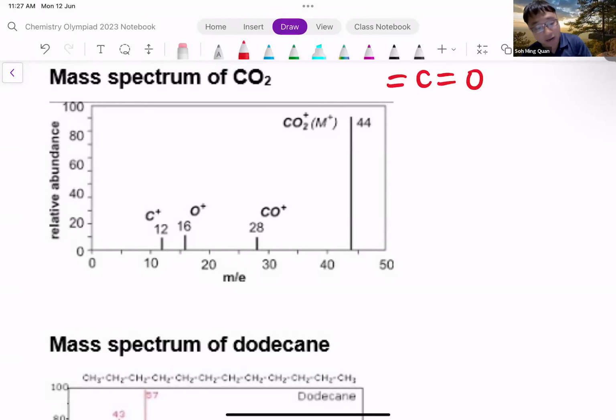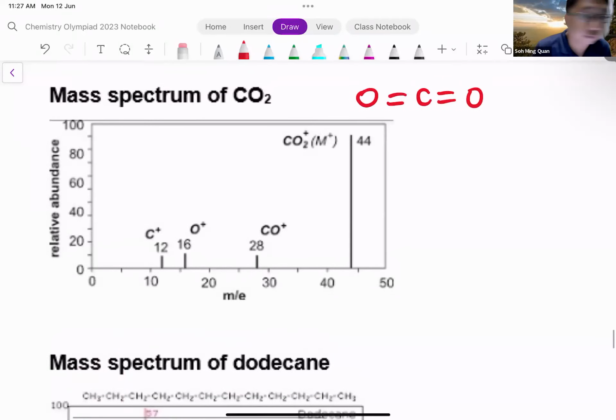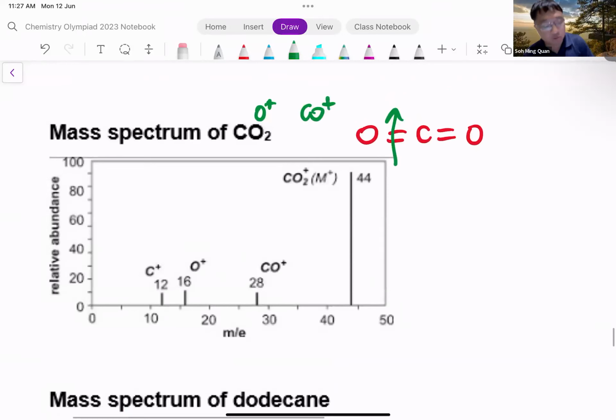When you give it energy, the bond will break, and it can break in many ways. Maybe this bond breaks. When this bond breaks, you get O+ and CO+. This might sound unfamiliar, but remember, the machine is programmed to give it a 1+ charge.